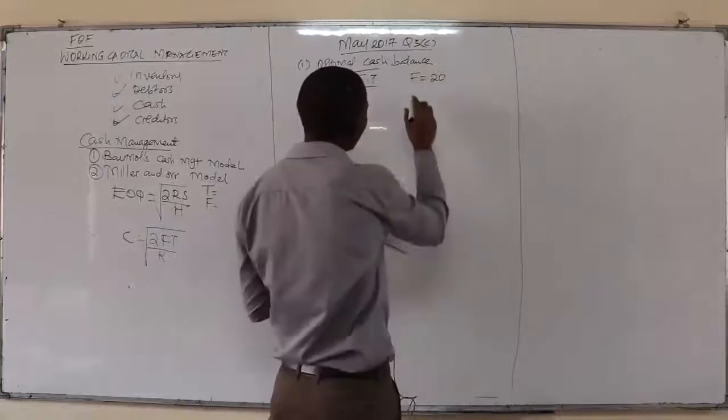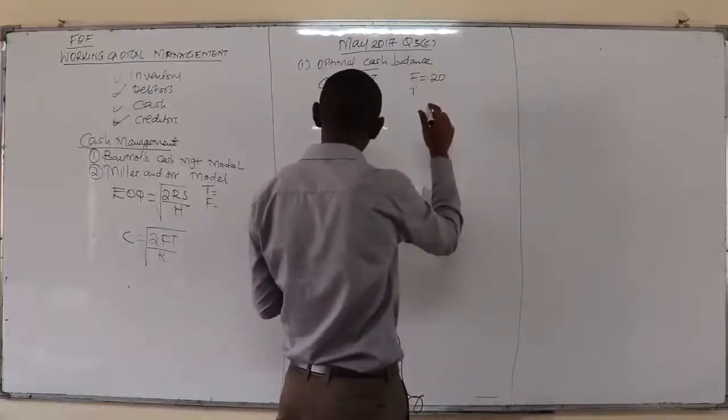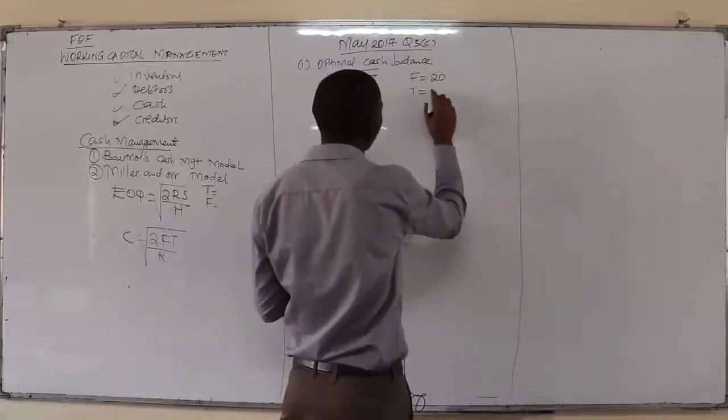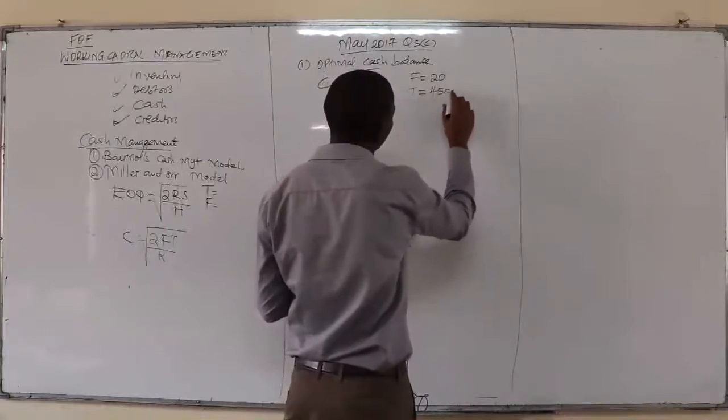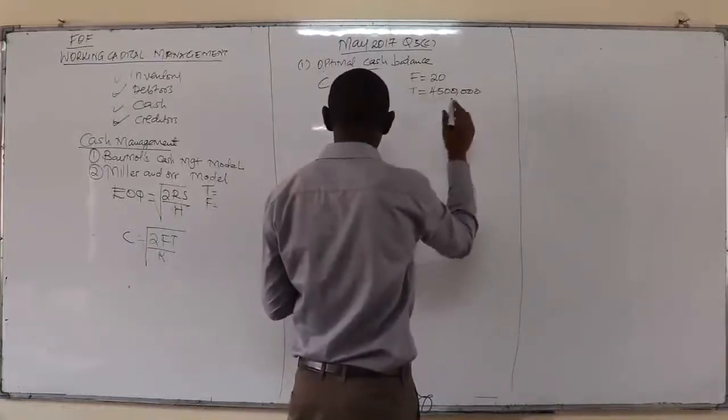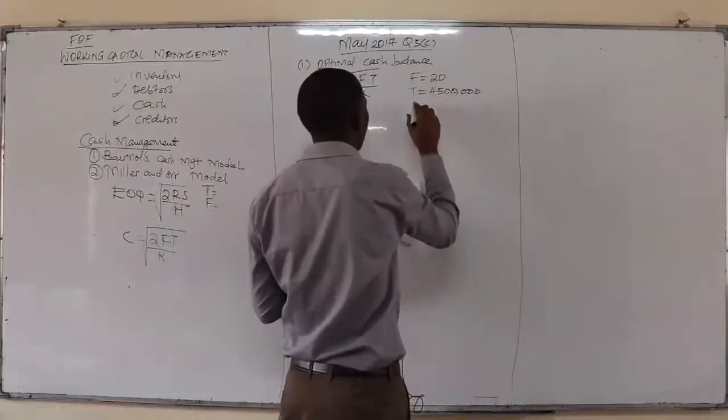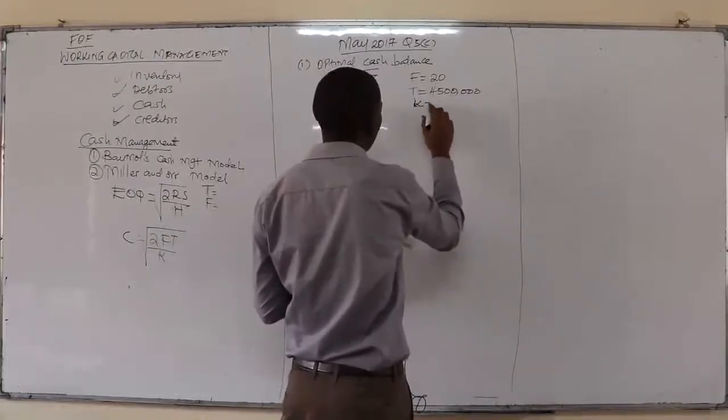We also have T, the amount required, or the payment to be made, of 4.5 million. And we also have the interest rate, which is K, is 20%.